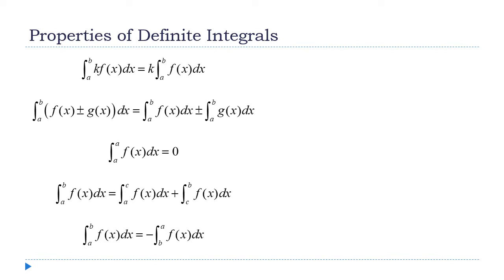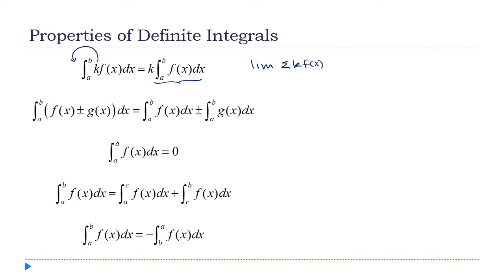This first one, for example, we had the exact same property when we talked about derivatives, and we had the exact same property when we talked about limits. If you have a constant, you can bring that constant out front and then do the integral part. And this follows from everything we've talked about so far. This first integral is the limit of the sum of k times f of x.